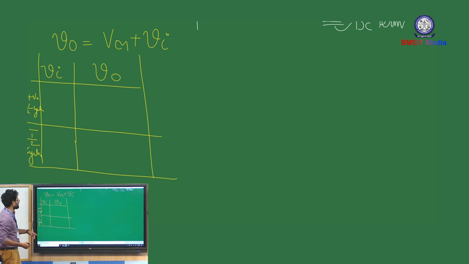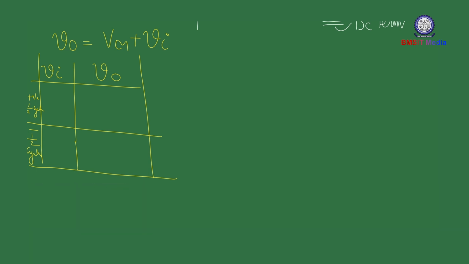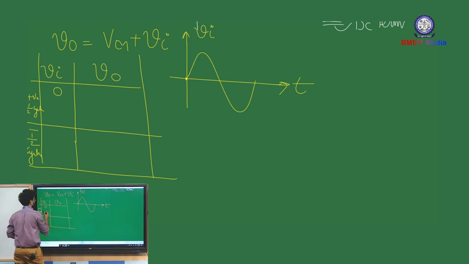So in the positive half cycle, when your input is 0, the output V0 is going to be Vm plus Vi. And what is Vi? Vi is 0.